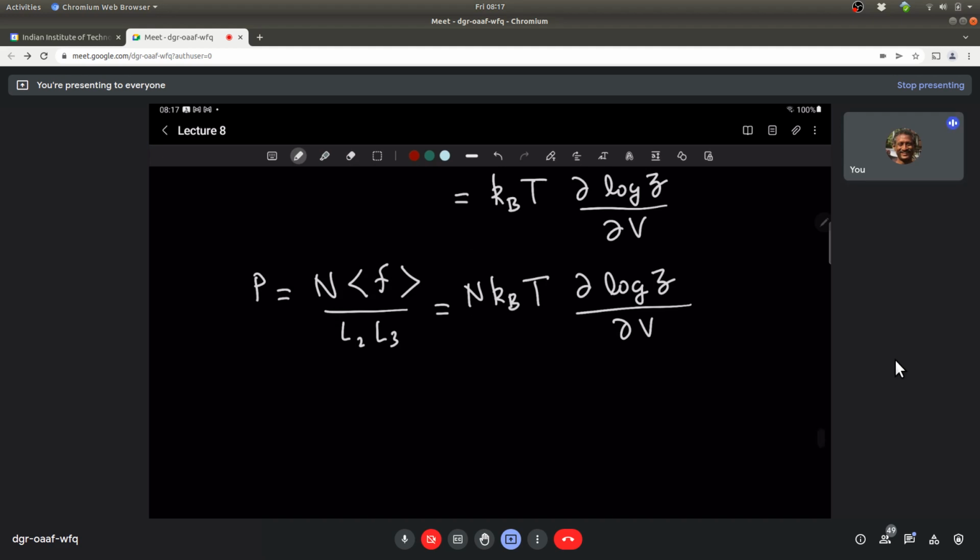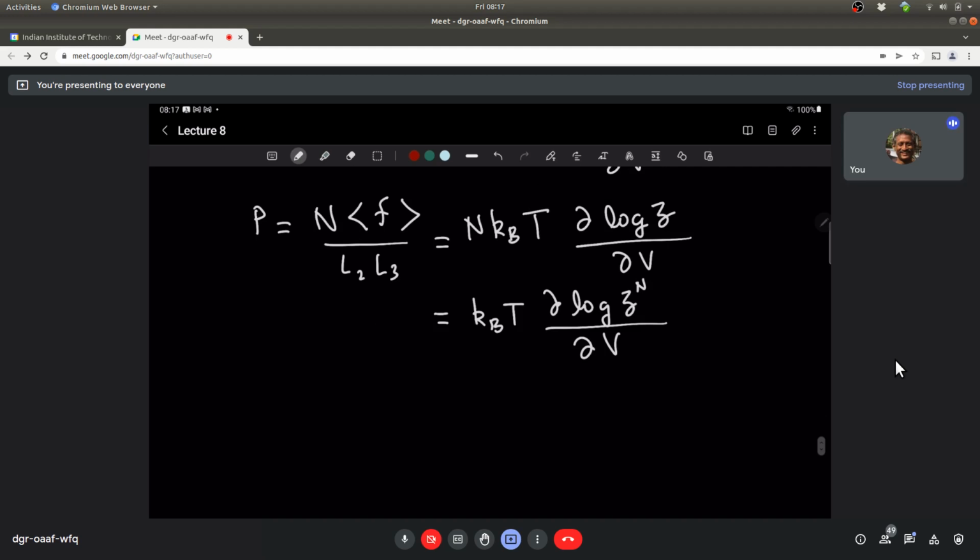So now I can go back and take this in here and write this as kBT times log. And with no loss of generality, I can replace z power n by z power n divided by n factorial. Why is that? Because it's inside the derivative with respect to V, and that n factorial will just get cancelled by that. So this is equal to kBT times d log Z by dV.